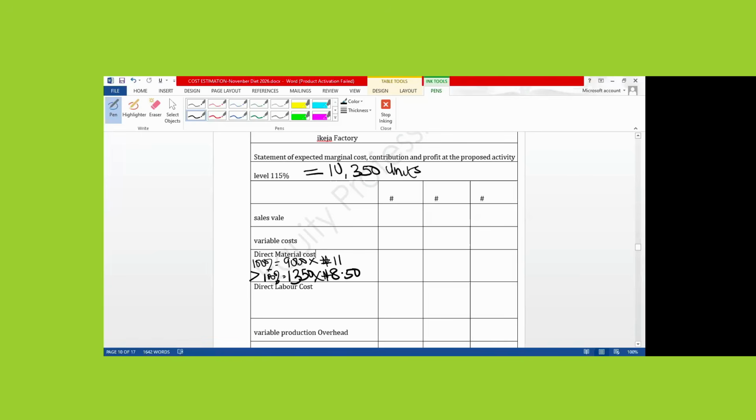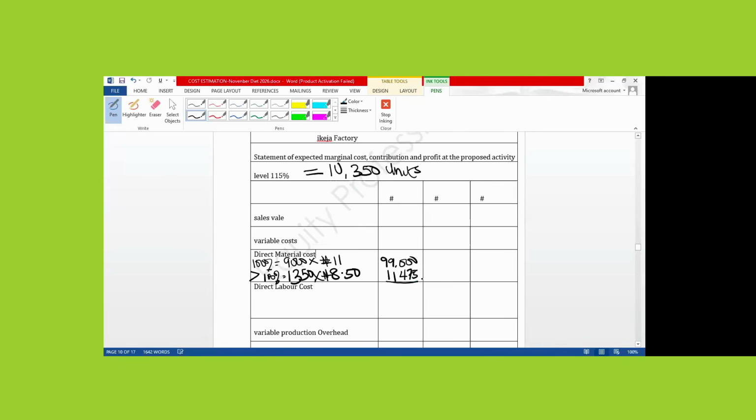You can now multiply. 9,000 multiplied by 11 naira, that is 99,000. 1,350 multiplied by 8.5. What do you have? 11,475. Now sum these two together.